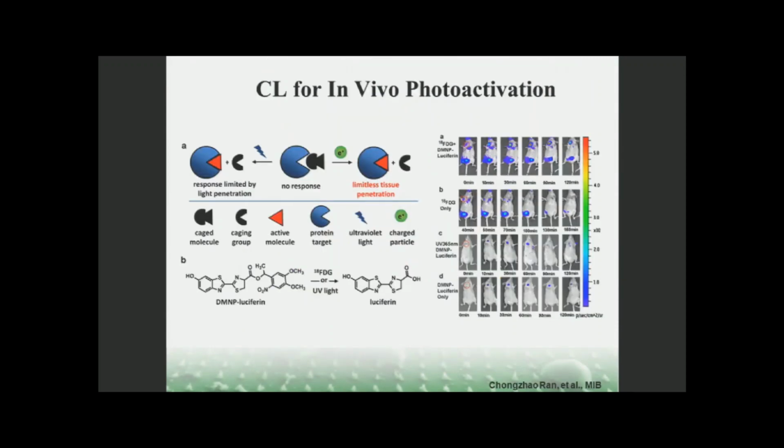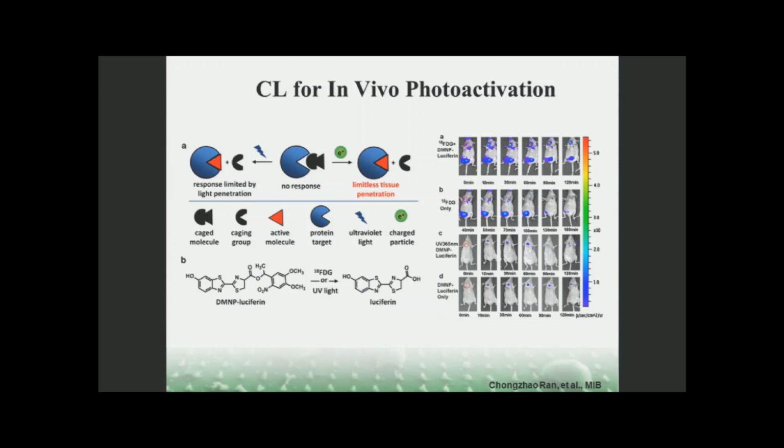I think another interesting application is that, instead of exciting a fluorophore, you can also use the Cherenkov luminescent light as a source to cleave a chemical bond. I think this is a really interesting concept. As shown in this study from a group at Harvard, they use a small molecule cage to cap the luciferin.